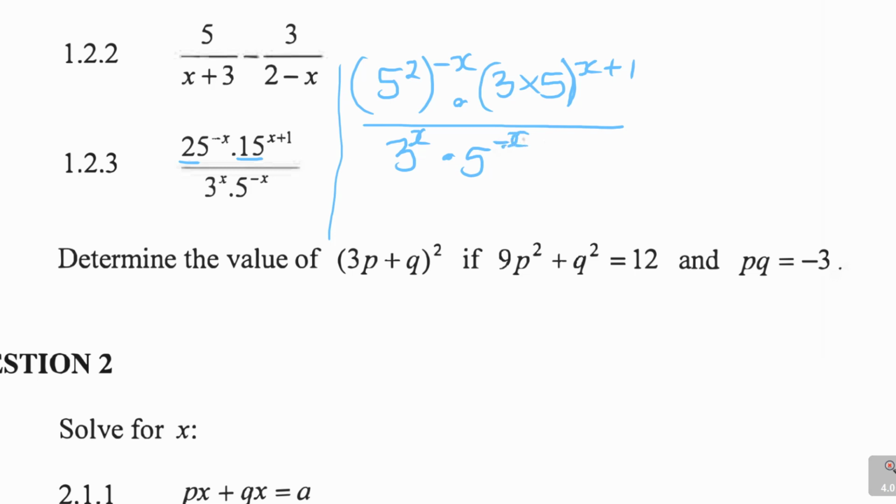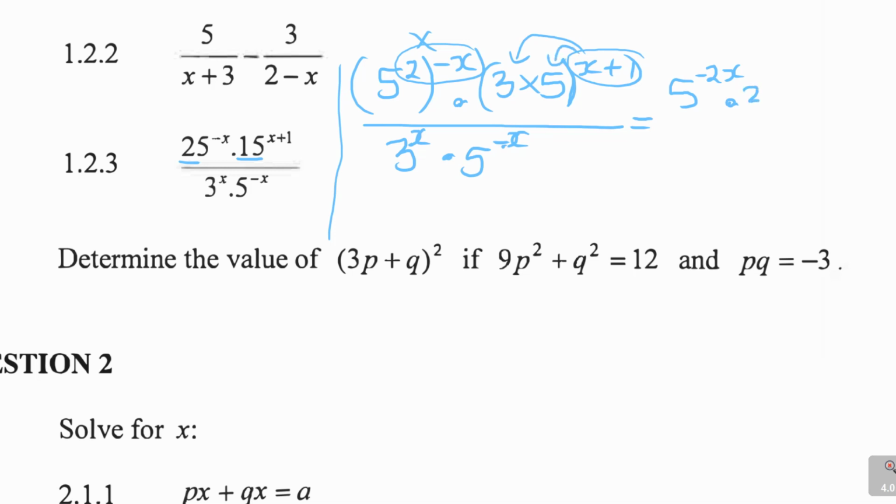Are you with me? Now equal to, then remember these brackets mean these guys multiply. So you've got 5 on top, 2 times negative x is negative 2x. Then times, again this bracket means this exponent is affecting 3 and 5.